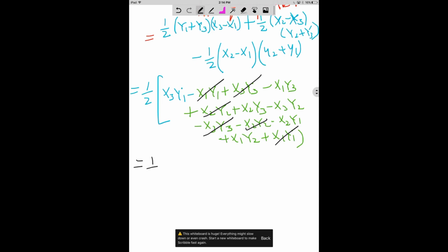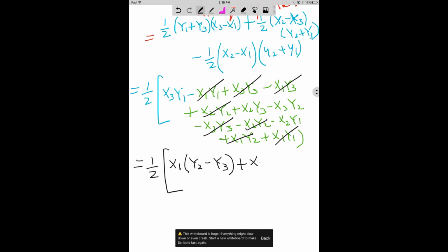So half into, take x1 as common factor. The first two terms, x1 into y2 minus y3.